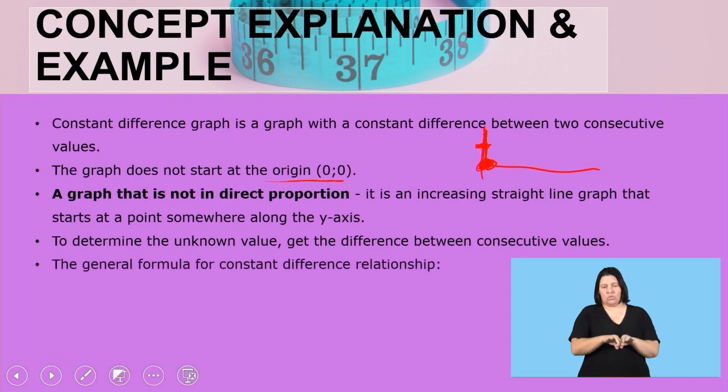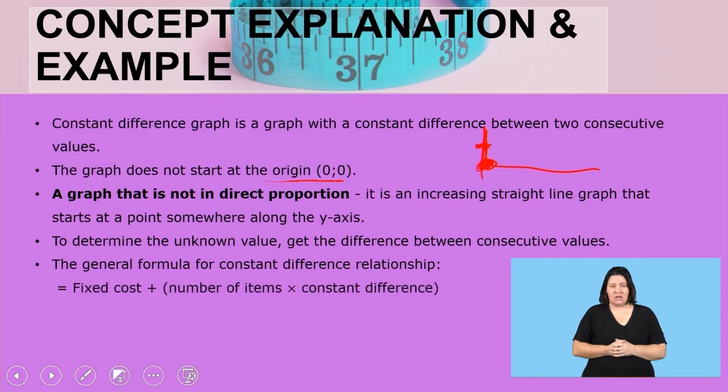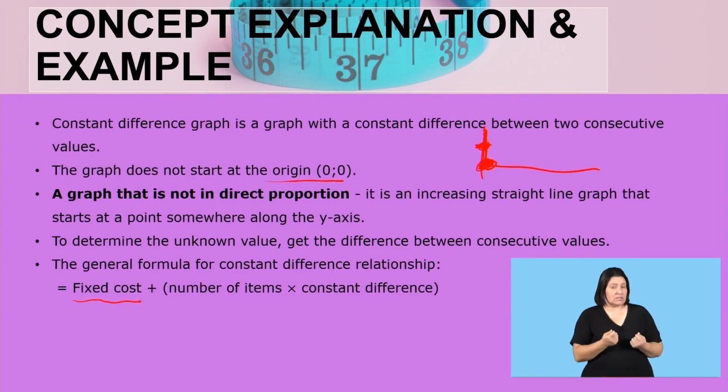I think I already mentioned this. And then the general formula to calculate the constant difference relationship is that you will take the fixed cost. The reason why it starts somewhere on the vertical axis is because there's what is called the fixed cost. The fixed cost can be the amount for electricity, the amount for rental, etc. Because when somebody is running a business, they're not just running a business only.